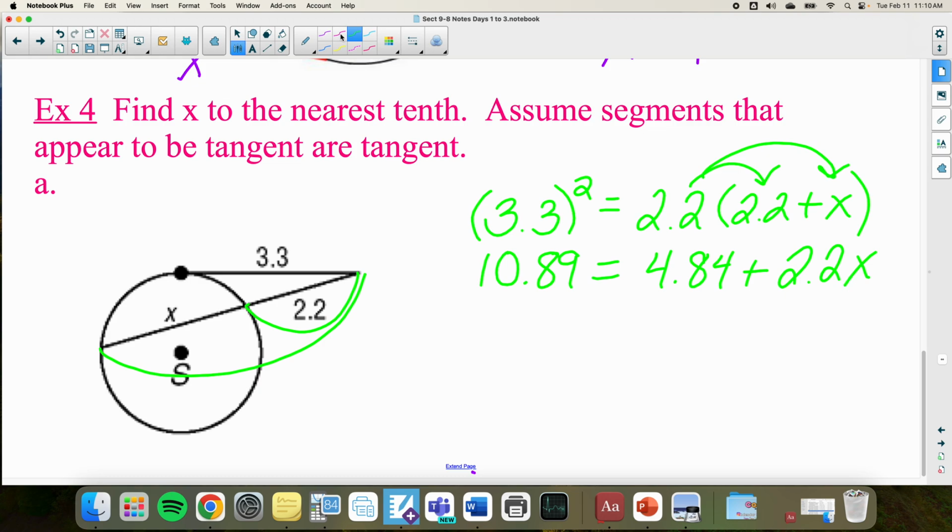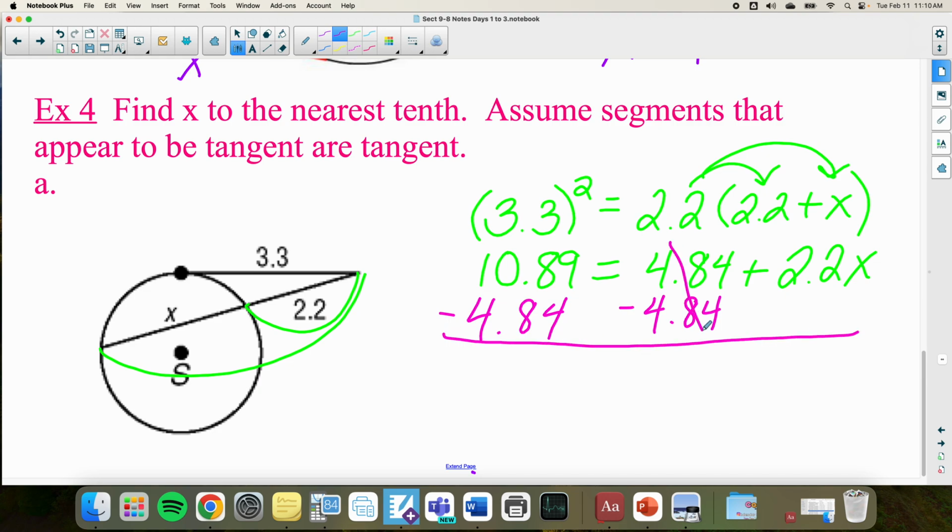Then to solve that, I'm gonna just bring my 4.84 over to the left. 10.89 minus 4.84 is 6.05, and that equals 2.2x. And then we would divide by 2.2.